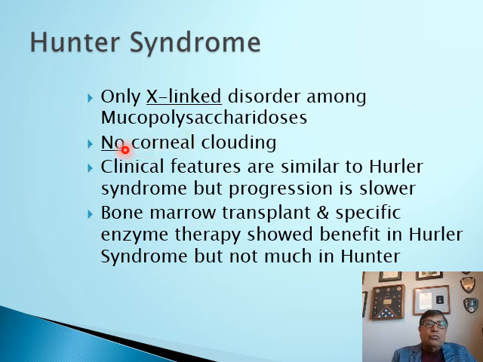The great point is no corneal clouding. So differentiate between mucopolysaccharidosis 1 and Hunter: Hunter is X-linked and there is no corneal clouding. The clinical features are pretty similar to Hurler syndrome, but it progresses somewhat slowly.